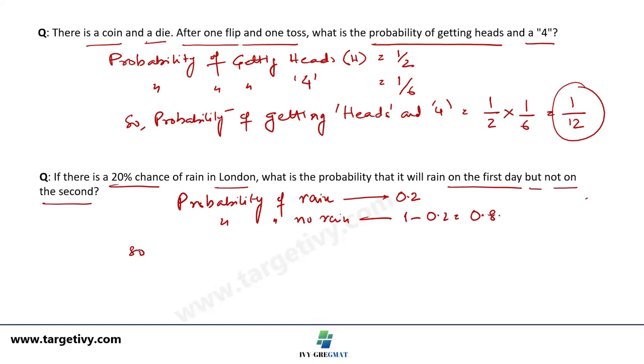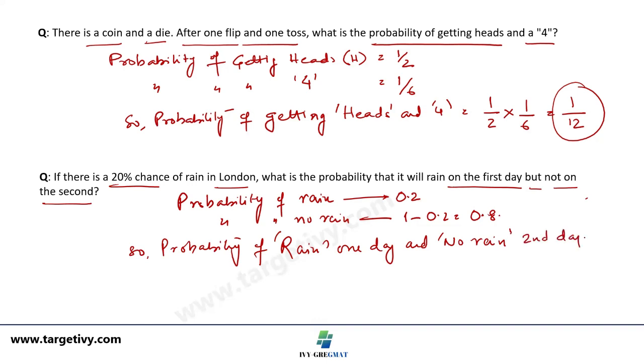So the probability of rain one day and no rain on the second day is equal to 0.2 multiplied with 0.8, which is equal to 0.16.